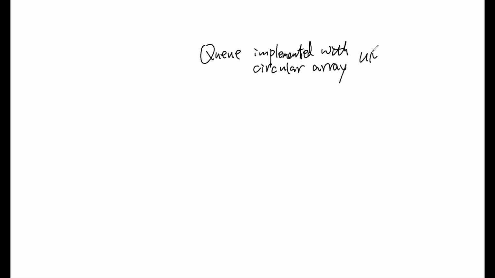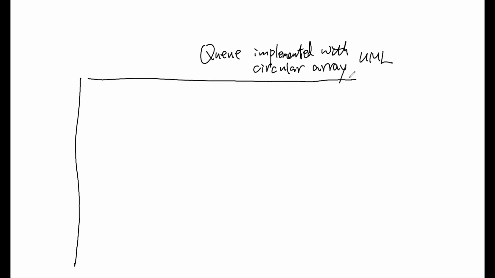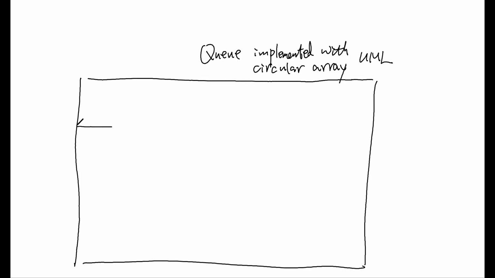And then let's see, for the queue, implemented with a circular array, what is the UML diagram? Okay, let's discuss this. Previously we discussed, suppose over here we consider an integer queue.